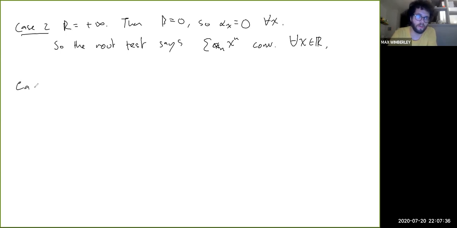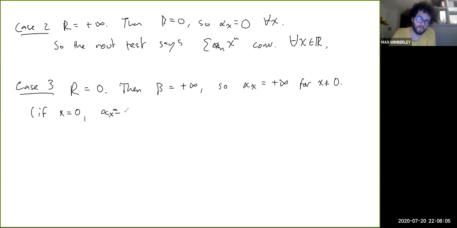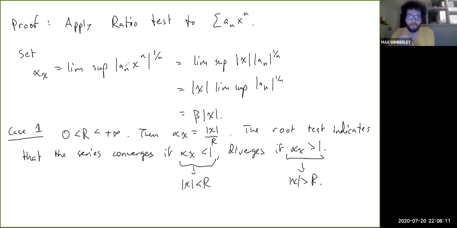And then lastly, case 3, if r is 0, then beta is infinity. So alpha of x is infinity for x not equal to 0, right? If x equals 0, alpha of x equals 0, because if you go back to the definition, if x is 0, it doesn't matter that a_n might be growing to infinity.